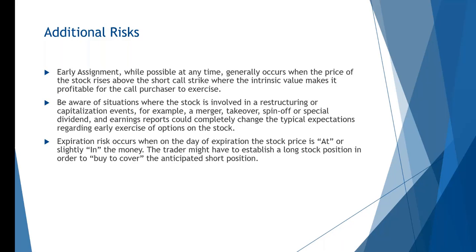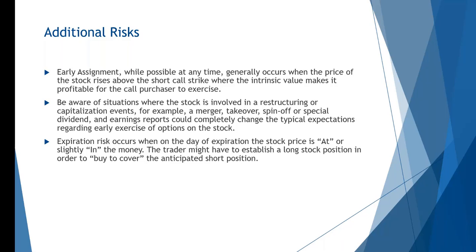All right. Expiration risk occurs when, on the day of expiration, the stock price is close to that first leg, at or slightly in the money, with that intrinsic value. Then the trader might be assigned that call and be established in a long position.